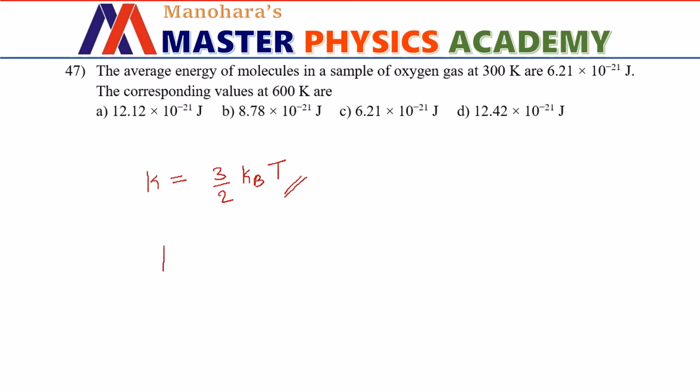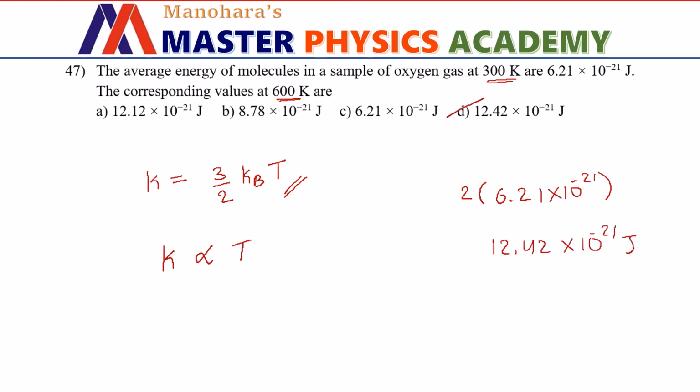Here we notice the kinetic energy of the molecule is directly proportional to the absolute temperature. Therefore, since we are doubling the temperature, the kinetic energy has to get doubled. So double the value of the initial kinetic energy, 6.21 into 10 to the power minus 21, is going to be 12.42 into 10 to the power minus 21 joules, which is given in option D.